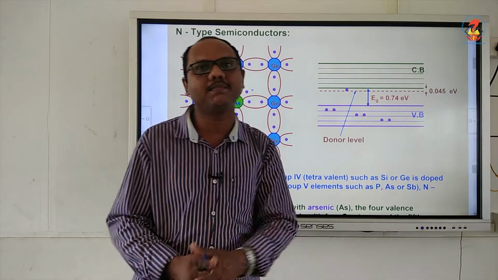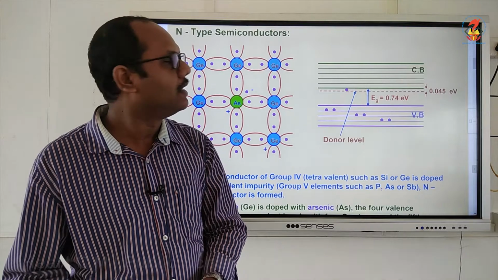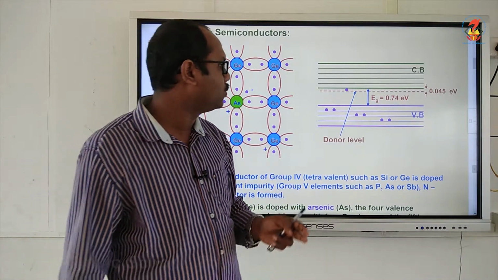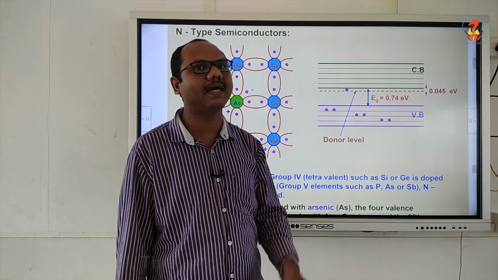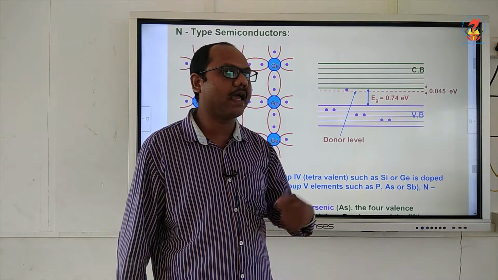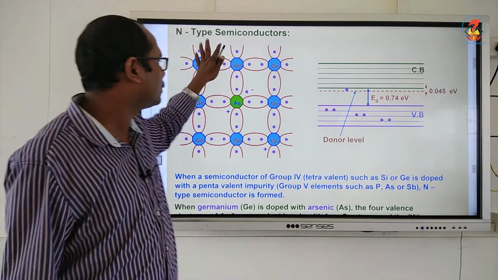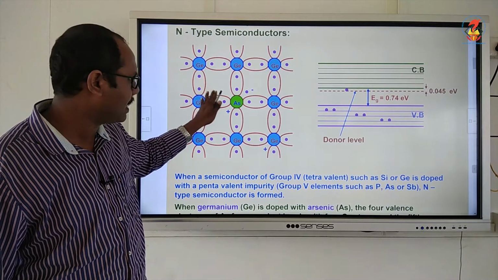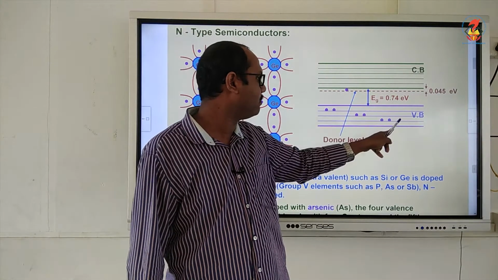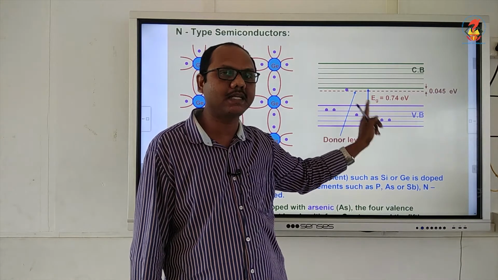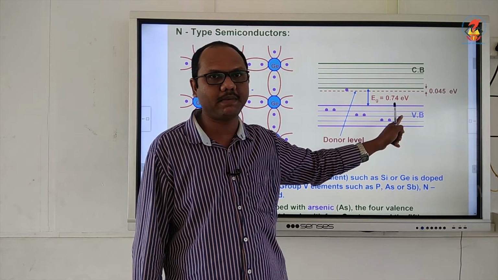So conduction can be increased. If they ask you to draw the energy band diagram of N-type semiconductor, you need to draw this diagram. The previous figure is only for understanding, no need to draw it. You have to draw this diagram if they ask the energy band diagram of N-type semiconductors.